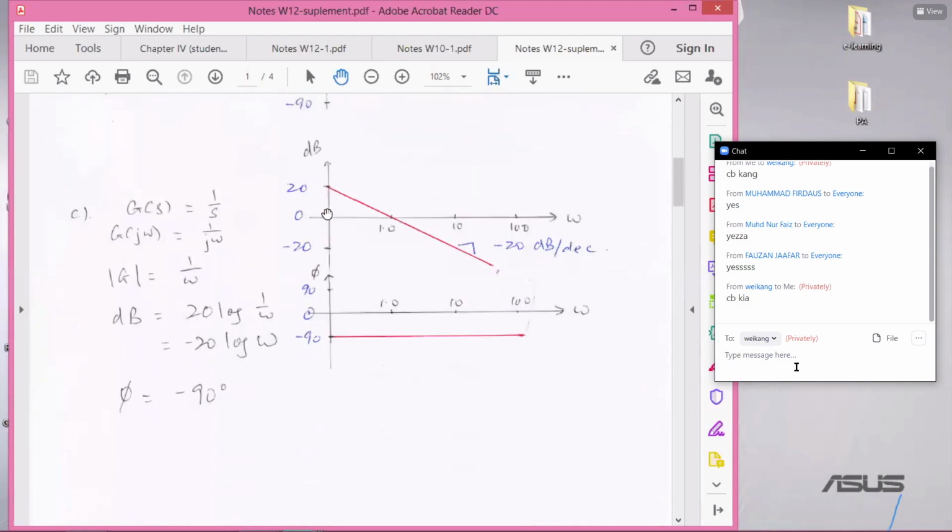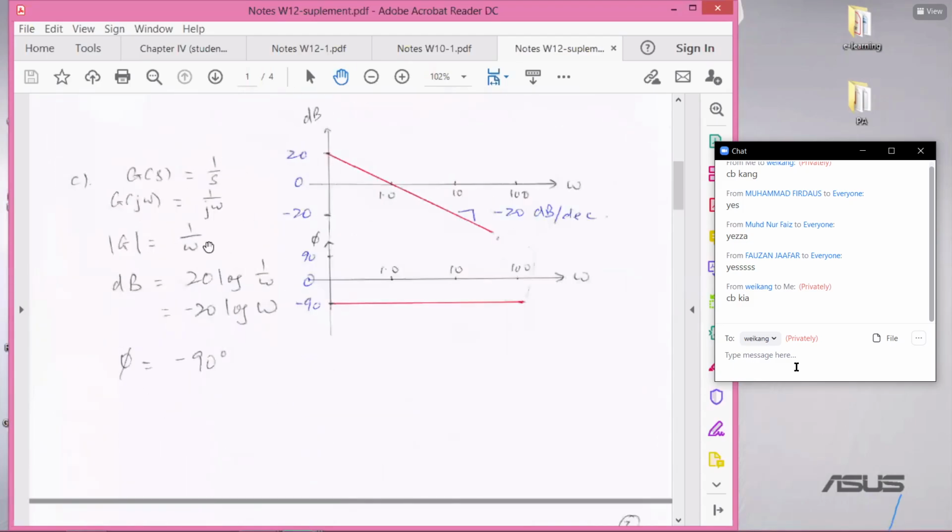Okay, what happens if it is 1 over s? Again, substitute s equals j omega. So it is just 1 over j omega. The magnitude is 1 divided by the square root of omega squared, which is 1 over omega. So the decibel is 20 log 1 over omega. And now, if you still remember your mathematics from middle school, 20 log 1 over omega is just negative 20 log omega.